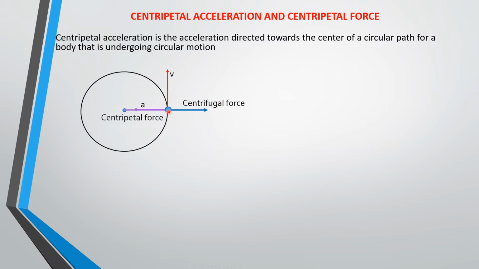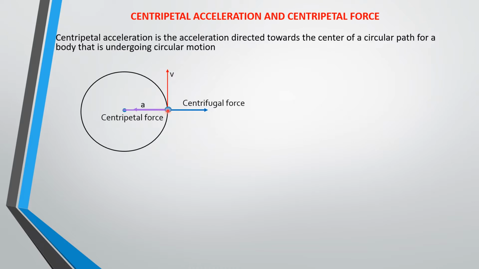If you look at this diagram, it is depicting a body or a particle that is describing a circular path. You see that the acceleration is actually directed inward, while the velocity it is using to describe the path is at a tangent to the circular path. The centripetal force is also directed inward.